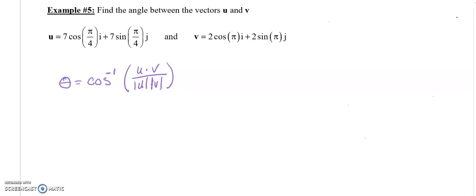Okay? So this is one method for the angle between. And my second method would be to think about pi minus pi over 4, which equals 3 pi over 4, which is 135 degrees if I change that to degrees. Or, as I stated, we can use the formula. It's your choice.